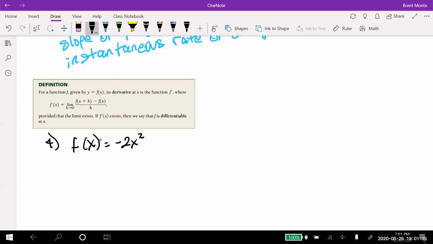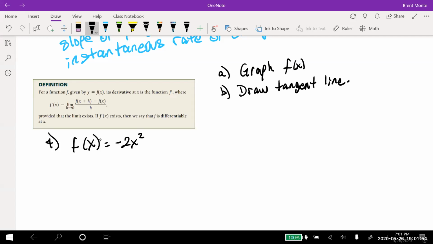And here's what they tell us to do. I'll list these over here. They say graph the function. They say tangent line. This is where I'm not going to do all 3, but I'll do 2 of them. Draw tangent lines at x equals negative 2 and x equals 0.